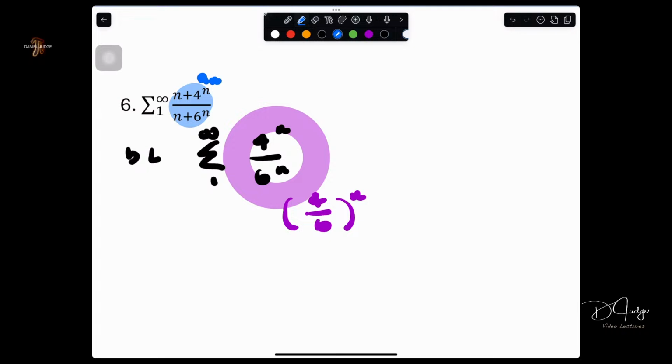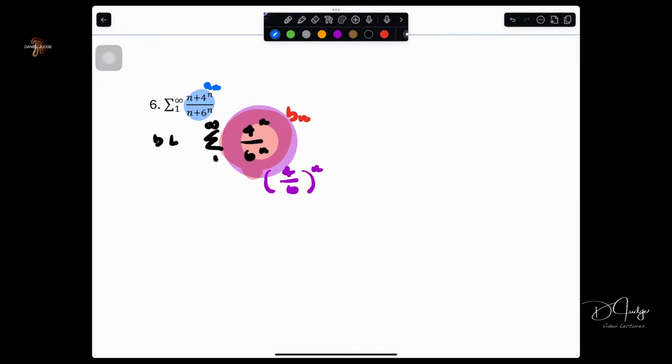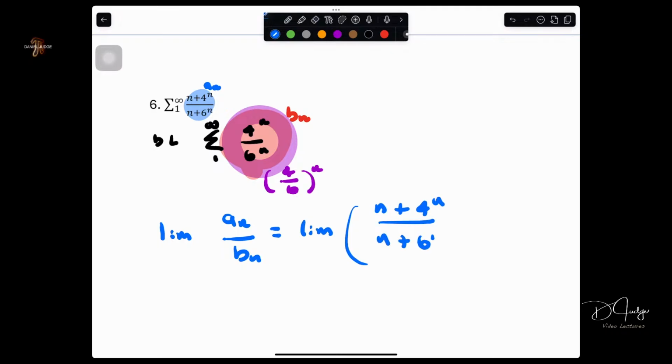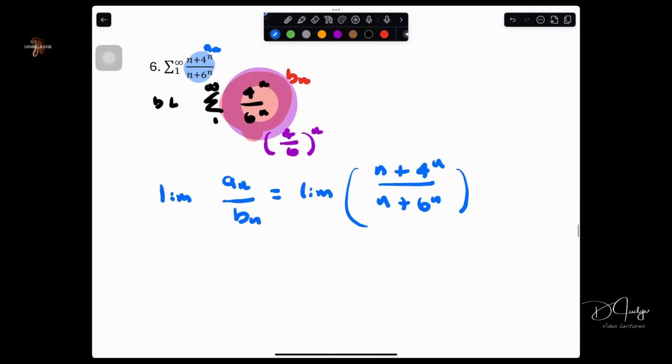And over here is going to be the bn. So we'll look at the limit now of the ratio an to bn, which is the limit of n plus 4 to the n over n plus 6 to the n.